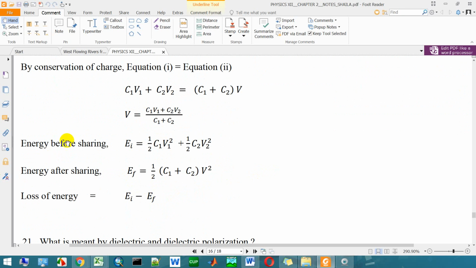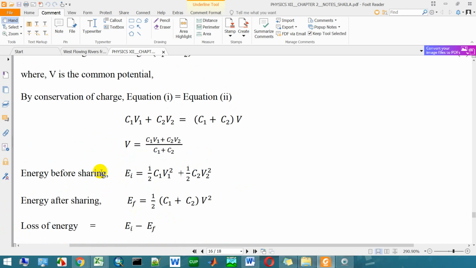Then energy before sharing, that is Ei, is half C1 V1 square plus half C2 V2 square. Energy after sharing is half C1 plus C2 V square. So loss of energy during sharing is Ei minus Ef.